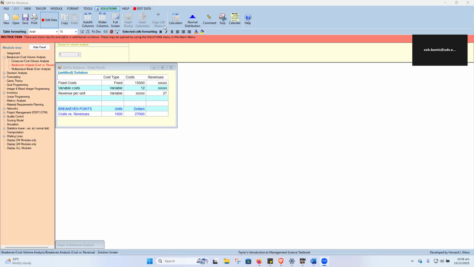Because the graph is here, right? Mathematically, the problem is what?